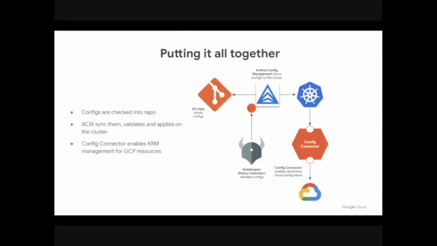If something is not validated based on the policies we requested, it's not going to pass the admission controller. In addition to that, the config connector will take care of creating any resources that you requested through Kubernetes. We can have here, for example, a request to create a MySQL, and then config connector will take care of creating that. So I hope this clarifies what config connector is.